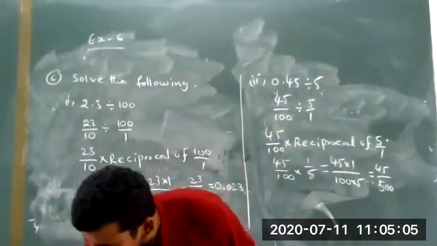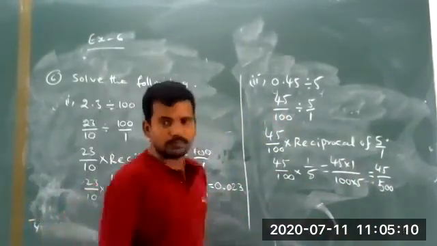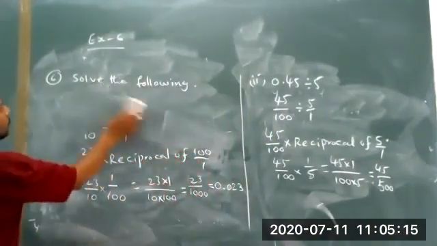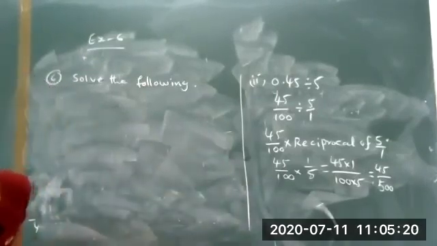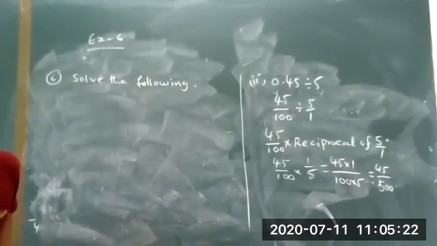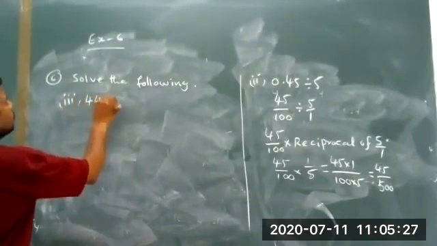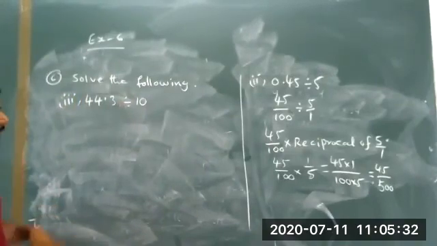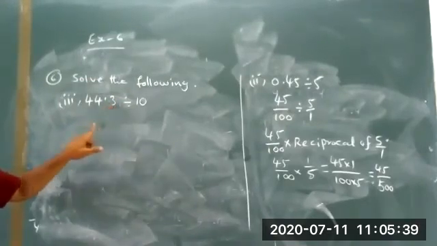Next one. 44.3 divided by 10. Here in the decimal place, how many digits are there? 1 digit. So what is the denominator? 10.